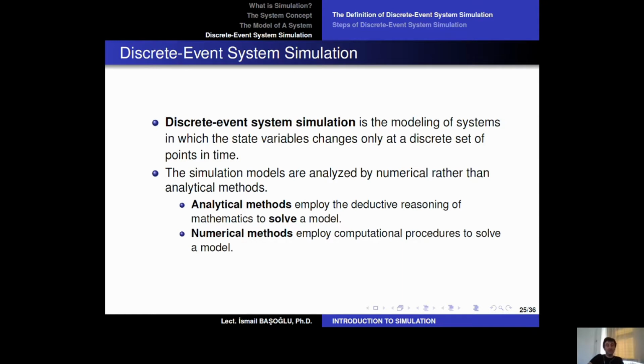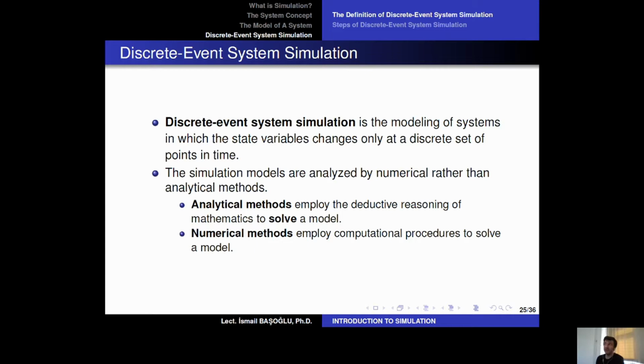Now, the simulation models are analyzed by numerical rather than analytical methods. In analytical methods, we employ the deductive reasoning of mathematics to solve a model. For example, for a linear programming model, you use the simplex algorithm or the interior point methods to solve that model analytically.